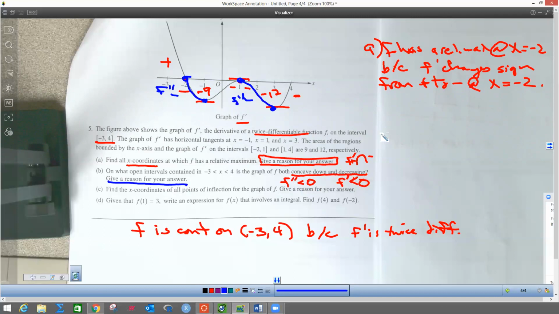Okay, so I would say for part B, f, and again, this says on what intervals is f both concave down and decreasing, so I'm going to start with this right here.